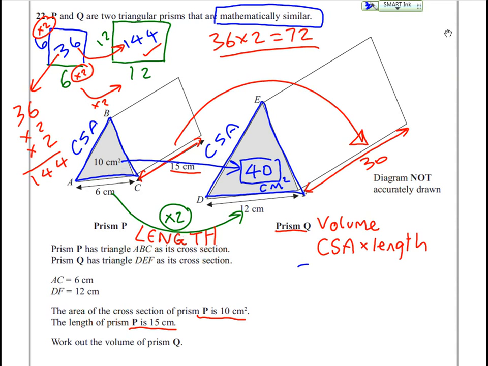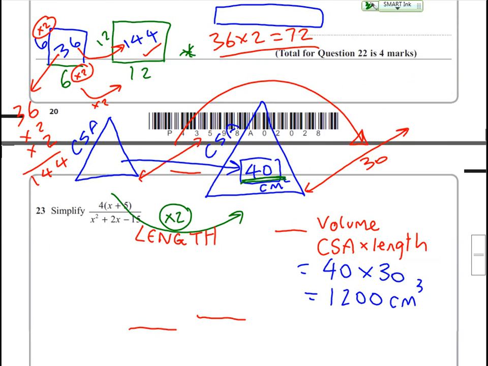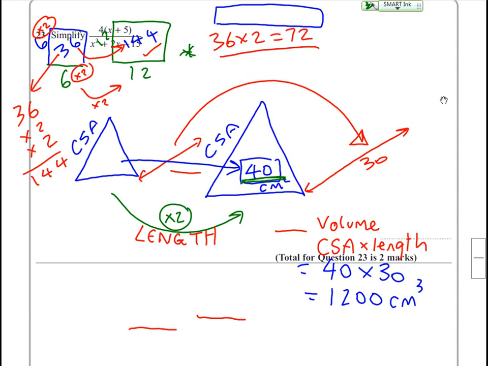So to get our answer for the volume, we do 40 times 30, 4 times 3 is 12, you've got 2 zeros, 1,200 centimetres cubed. Hope that makes sense, because it's a very common mistake to get this wrong by not thinking about the different areas here. Okay, that's 4 marks. Moving on to 23.